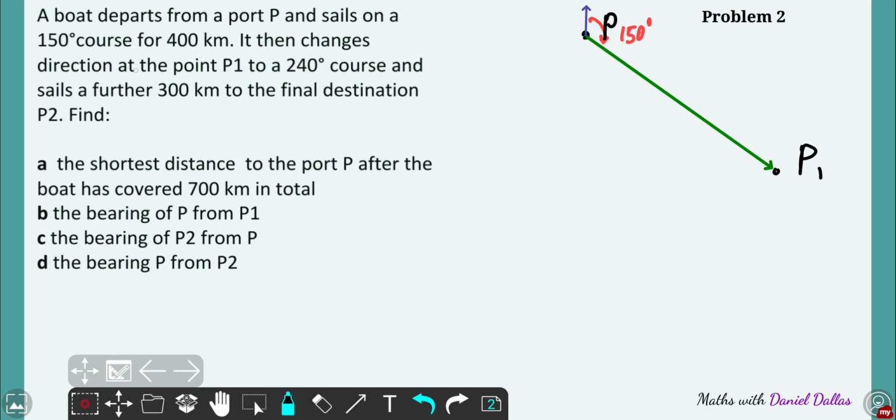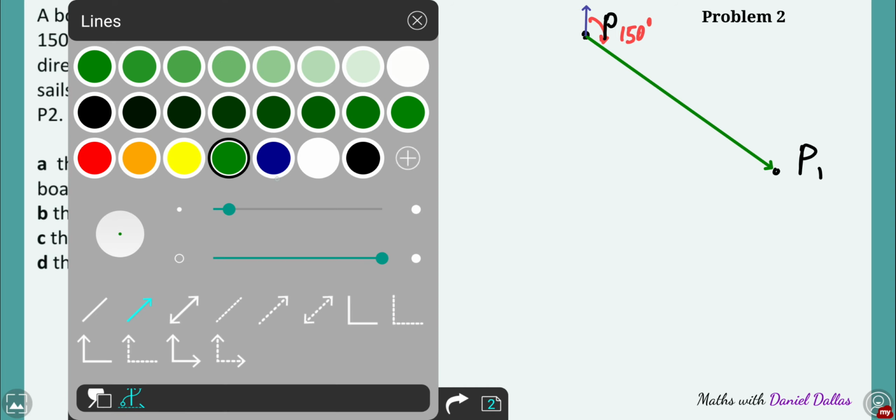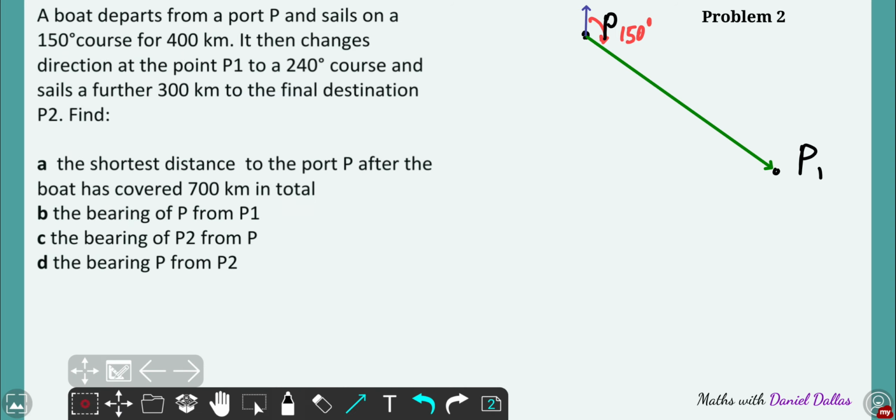Okay, next, it changed direction at the point P1, so that 240 course is the new course for the boat and it sails 300 kilometers to the final destination P2. So that's why, let's say from north direction, we need to set up, okay, let it be north.